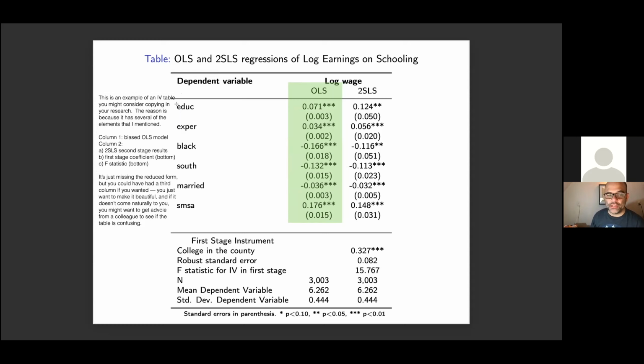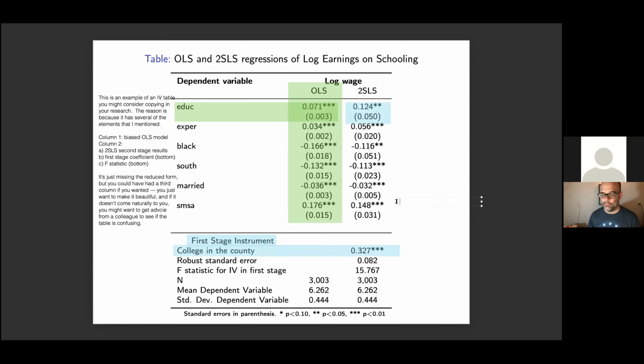My OLS model says for every additional year of schooling, wages go up 7%. When I use two-stage least squares, I find that for every additional year of schooling, wages go up 12%. I used as my instrument whether the person lived in a county with a college.